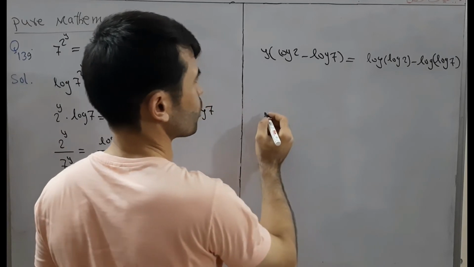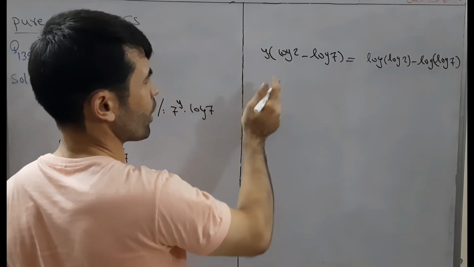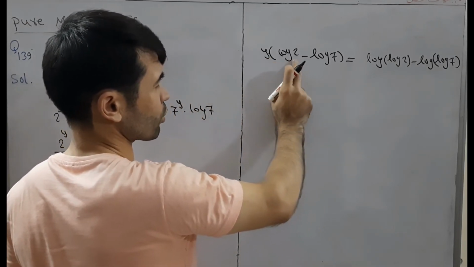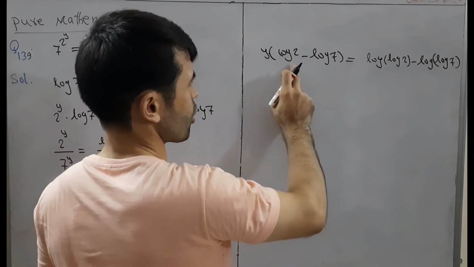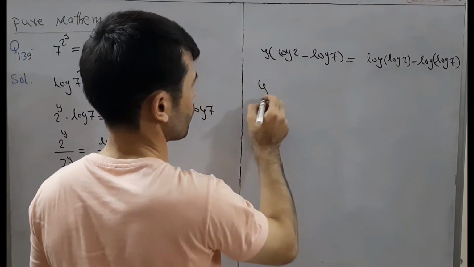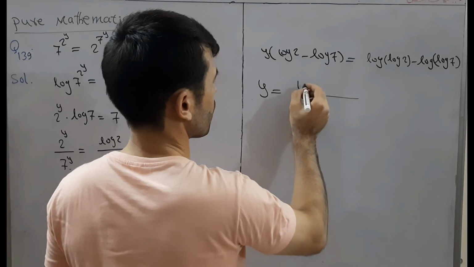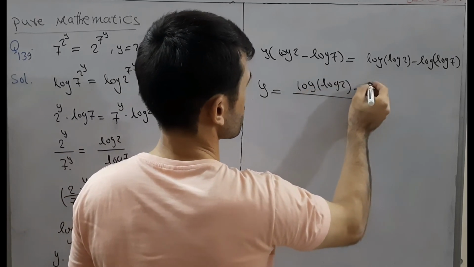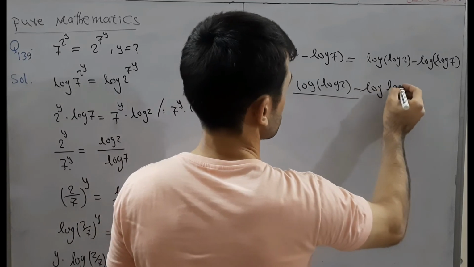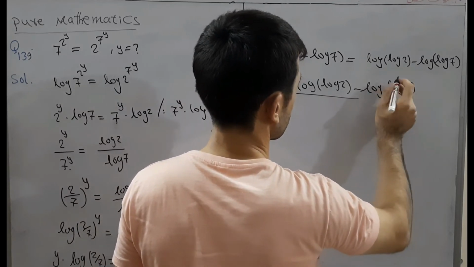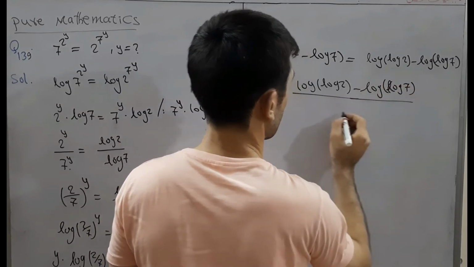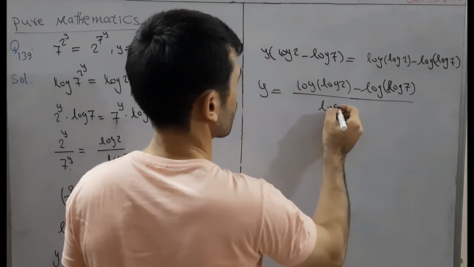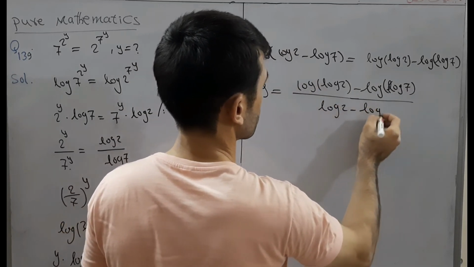Now we want to multiply both sides by the coefficient of y. The coefficient of y is log 2 minus log 7. Then y is equal to log 2 minus log 7 over log 2 minus log 7.